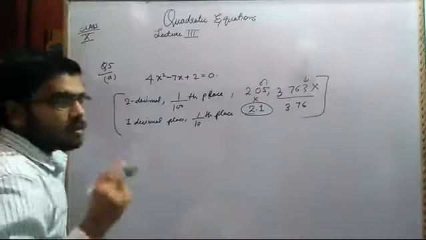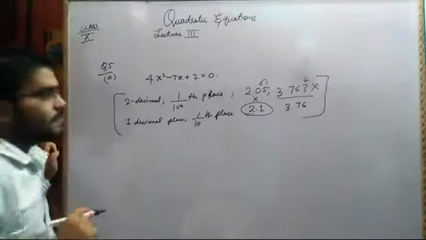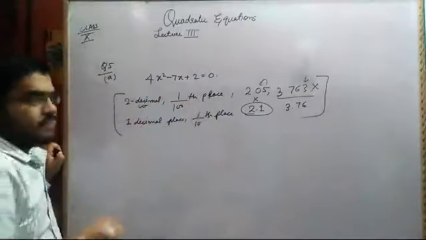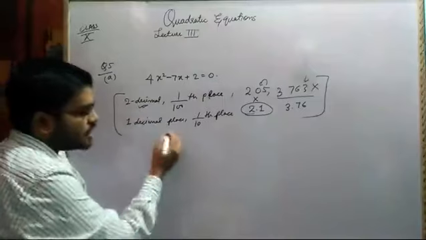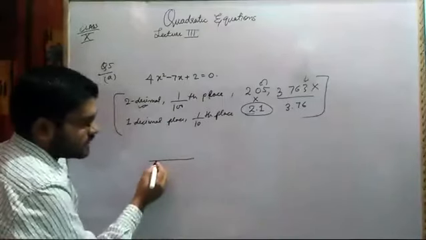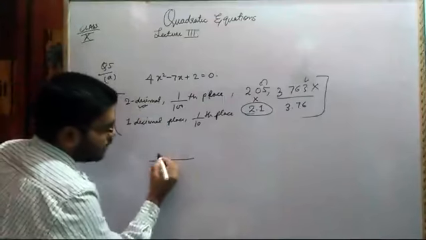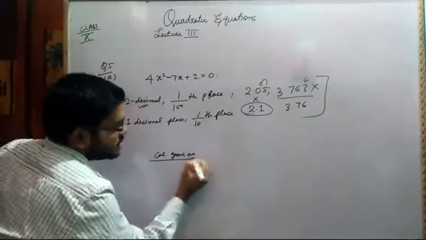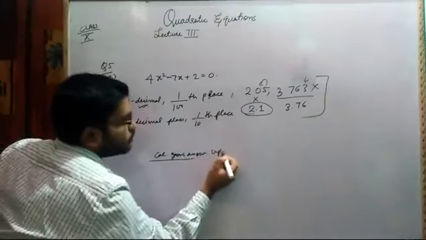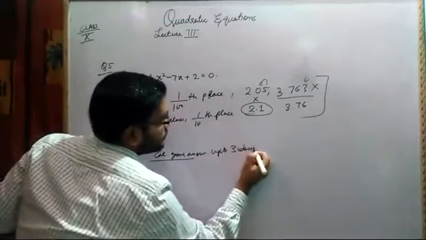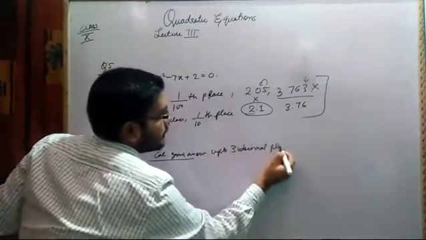Now I hope all of you know how to do round off. But the most important thing that I want to say is, if they are asking you to calculate up to 2 decimal places, then up to the second last step you have to calculate your answers up to 3 decimal places.